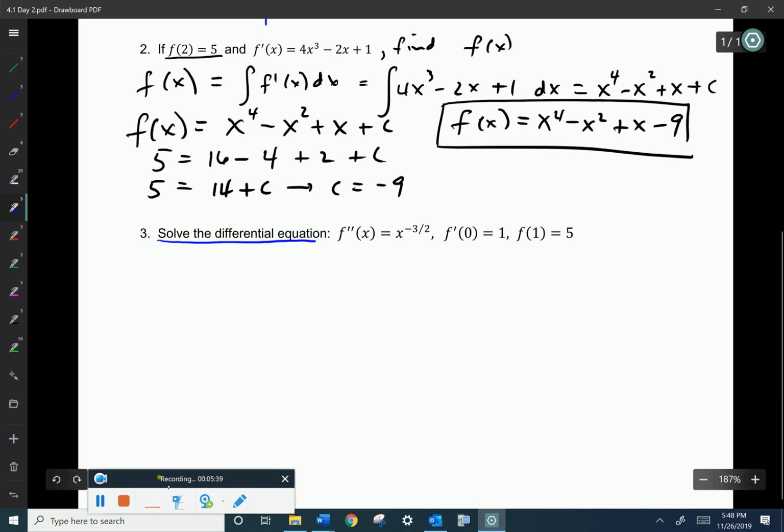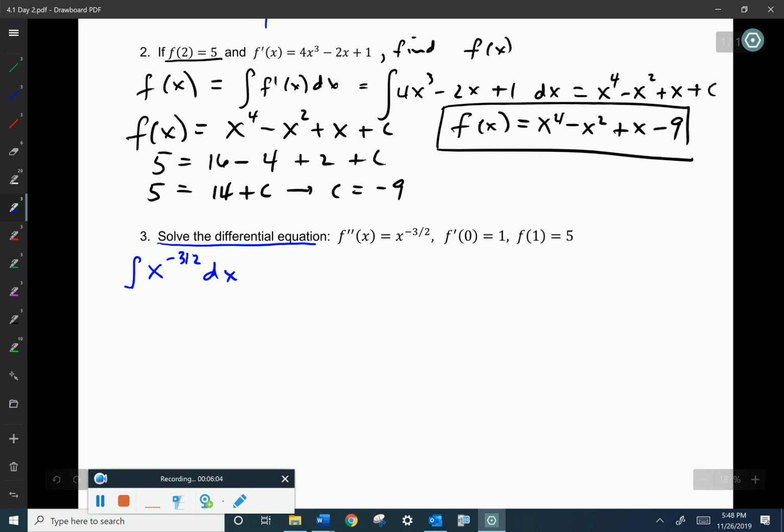If I integrate the second derivative, which is x to the -3/2, is that going to give me the original? Well, no, that's the second derivative. So that's going to take me back just to the first derivative, right? Okay, so this is just going to give me, all right, my pens do crazy things.